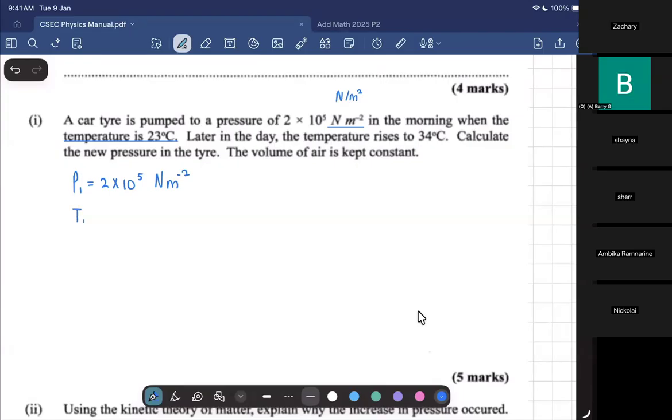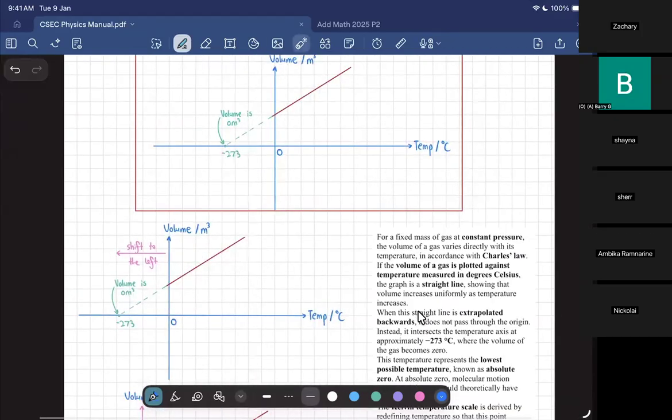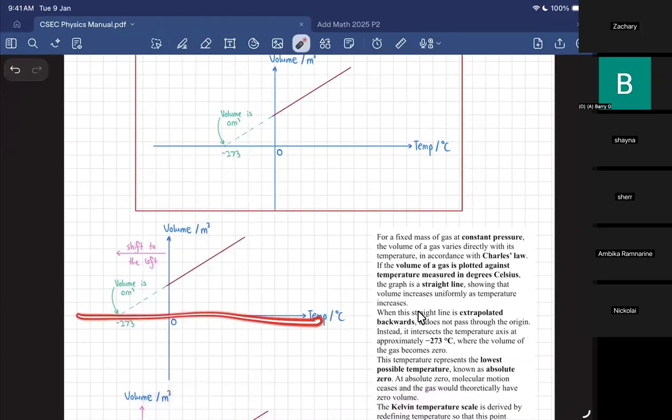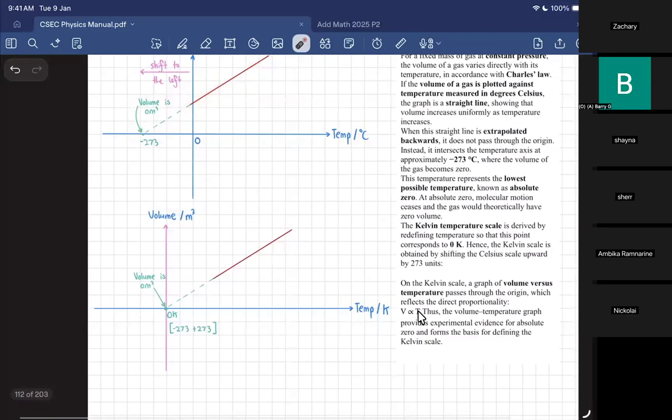Now talk to me. In physics, specifically in these calculations, can we use the temperature in Celsius? Now I need to convert to Kelvin. We would have discussed why in the last class. If you use Celsius, then it will not be directly proportional. You actually have to shift the graph and start from minus 273 and then call that 0. That's the only way the relationship is going to be directly proportional.